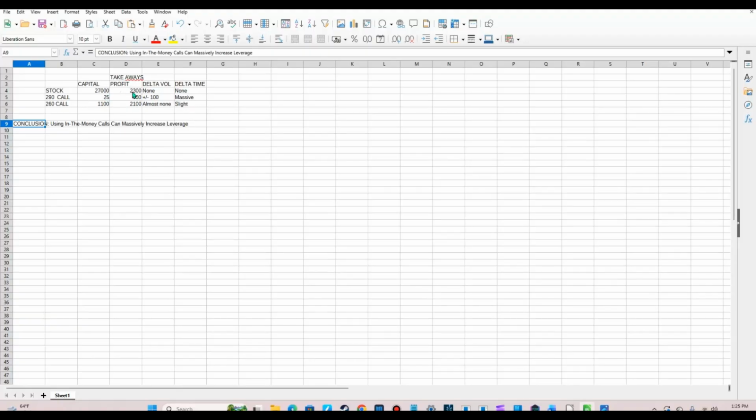The profit we were getting, now this varies from particular prices when we run the simulation. Last time I ran it, about $2,300. I think it may have been $2,200 this time, but you get the picture. And of course, we didn't have to worry about volatility impacting. We didn't have to worry about time impacting.